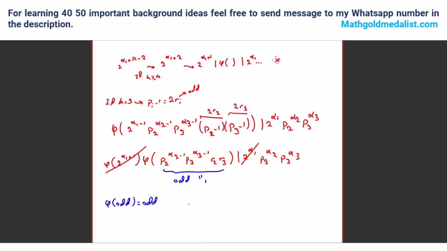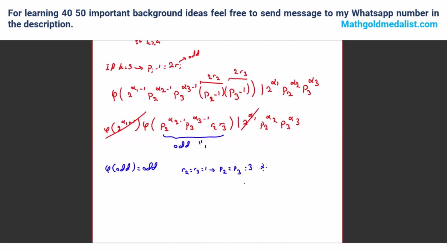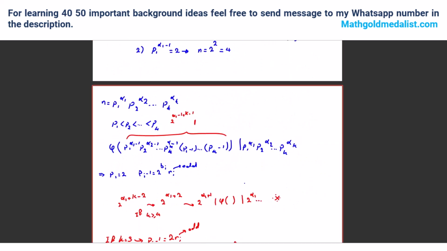So this one should be 1. It means R2, R3 should be 1, but that's a contradiction because then P2 equals P3 equals 3, but we know they should be different, right? Okay, so we solved this problem completely, right?